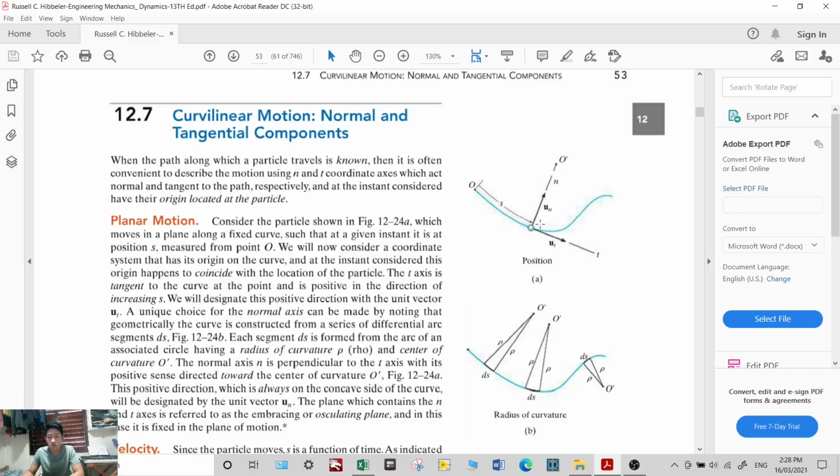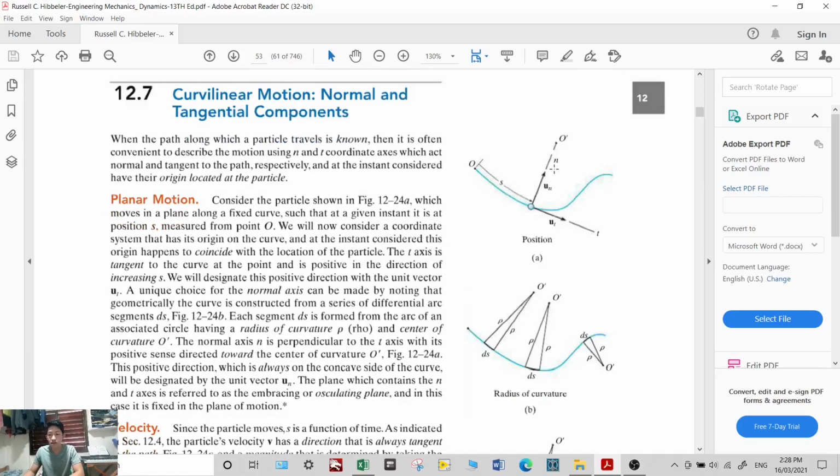Since these are unit vectors, the magnitude is 1. The normal component is positive if you are approaching the center of curvature. So this is the curve, and somehow there is a center here, so going toward it is the positive direction.